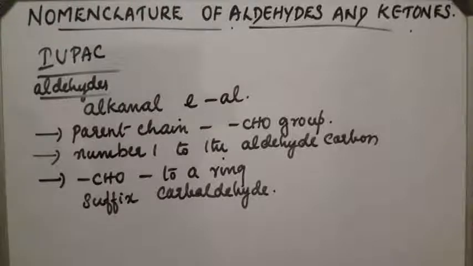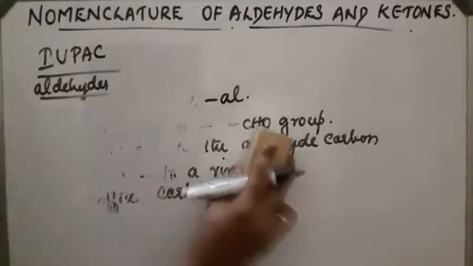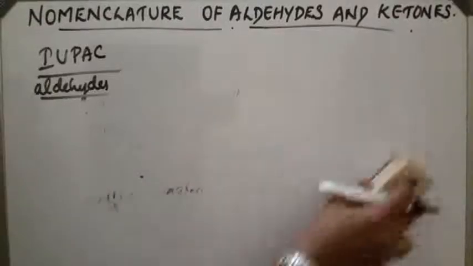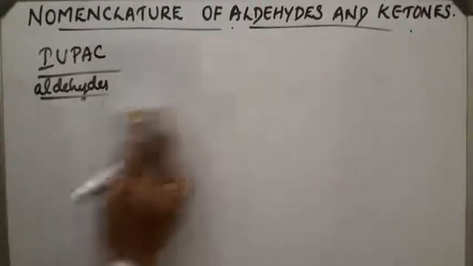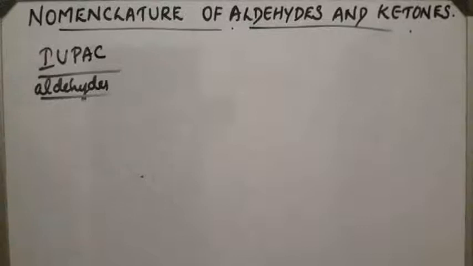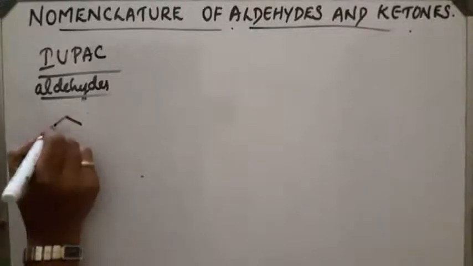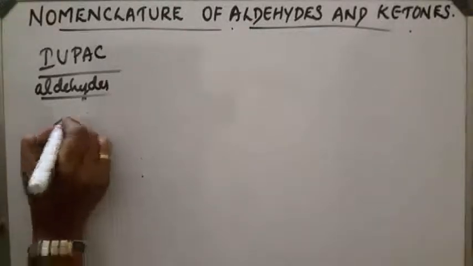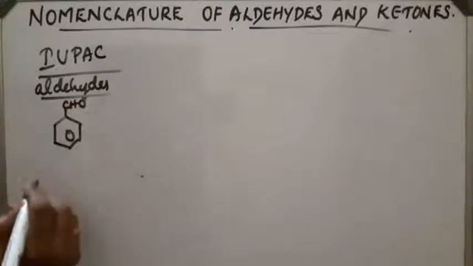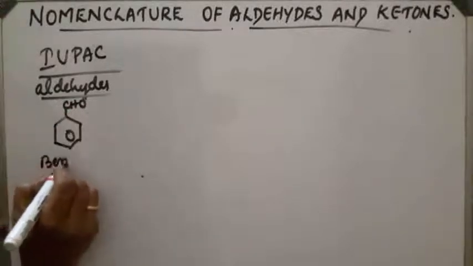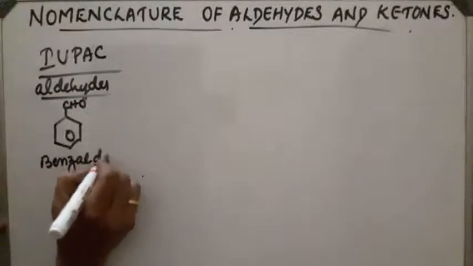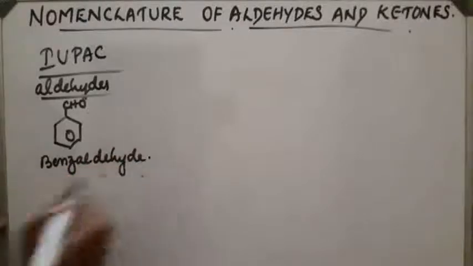Now let us do some examples. First example, a benzene ring with CHO. We know the common name of this compound is benzaldehyde. What will be the IUPAC name?